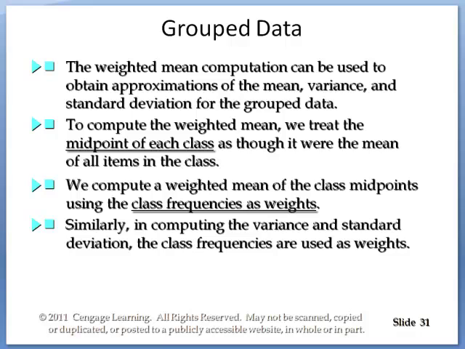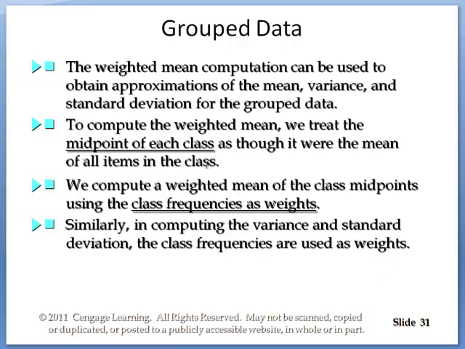Remember how we worked with grouped data, where we created a table with several classes, and for each class we calculated its frequency? We can use grouped data also to calculate means. What we do is that we use the frequencies as weights, and then we calculate what are called the weighted means or the weighted variances.